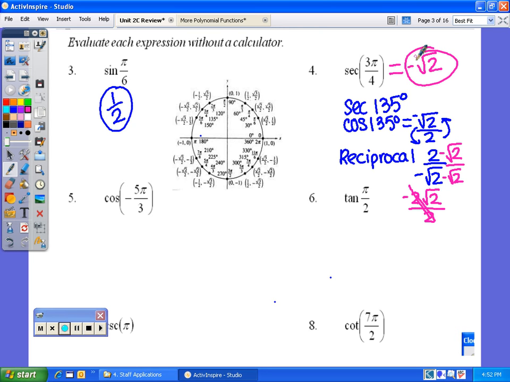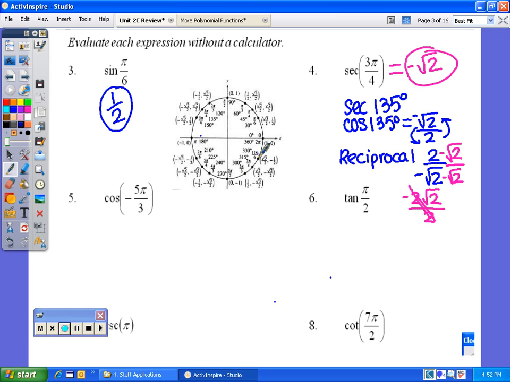Alright, the next one is negative 5 pi over 3. Now you could just look for 5 pi over 3, which is 300, and then just negate it, or you can go around the circle backwards. That would take a long time, because we never really went around the circle backwards.